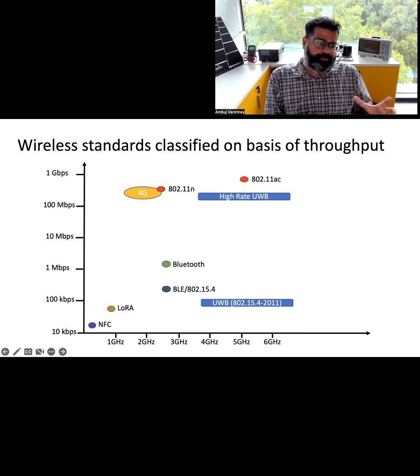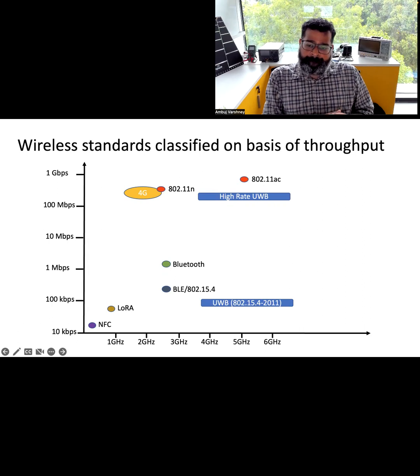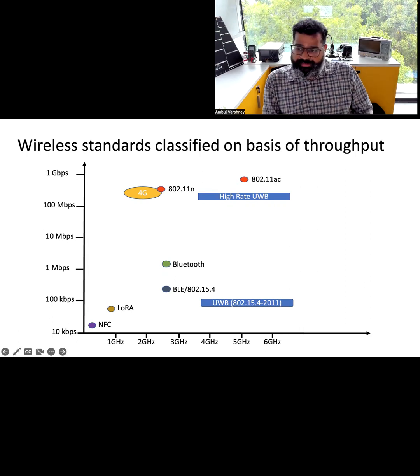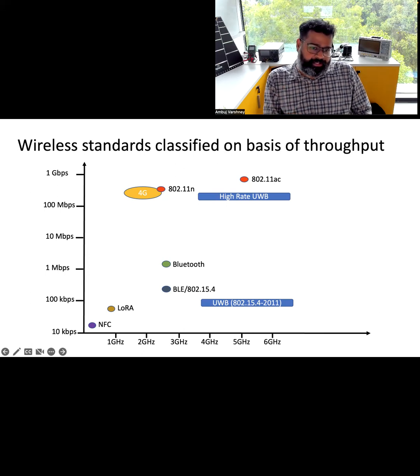So I go back to this slide that I had shown in one of the first lectures, where we present various wireless standards, their bit rates, and their operating frequencies. What we can observe is that the IoT standards that operate at lower frequencies also support lower bit rates. Conversely, we can say that the standards with higher bit rates tend to operate at higher frequencies. Can you explain the reason for this phenomenon?